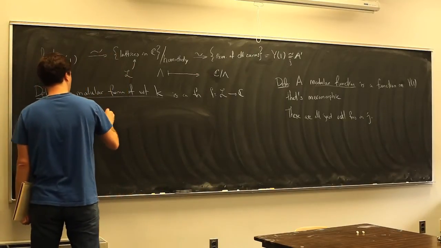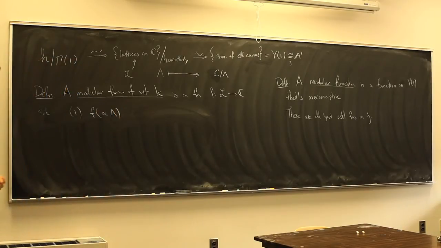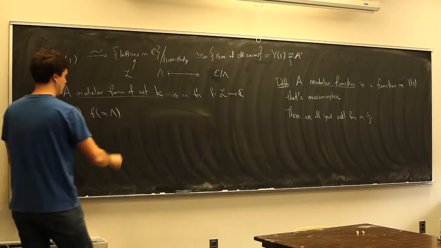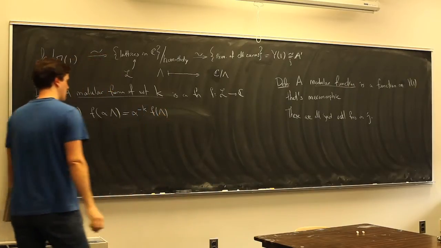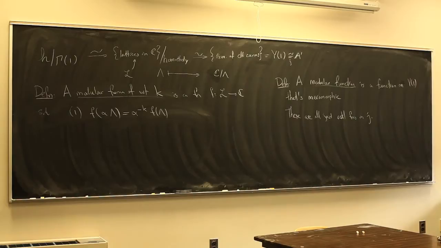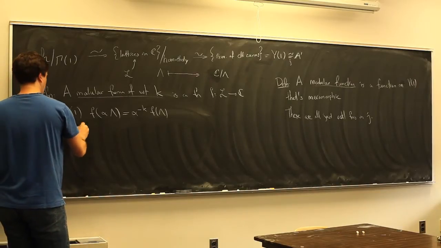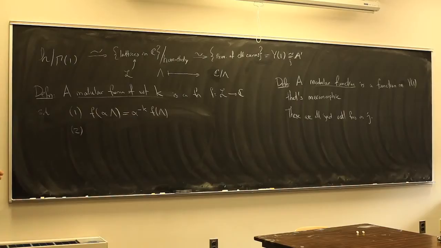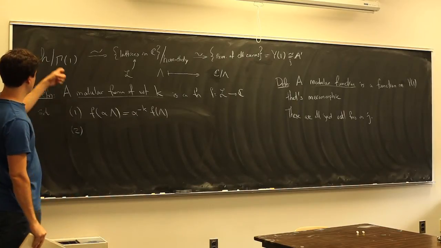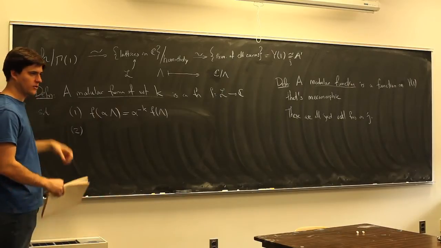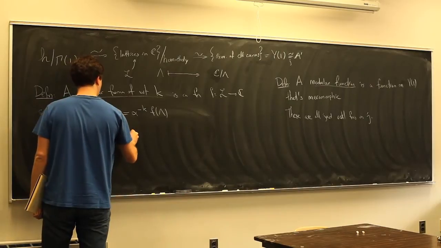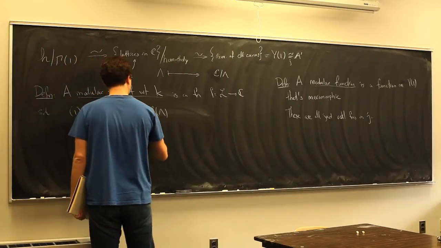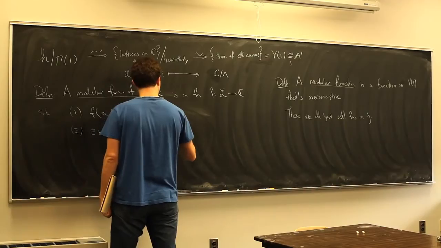So the first is that if you apply a homothety to your lattice, so scale by alpha, this is supposed to pull out with an alpha to the negative k. The second condition is that f should be holomorphic. And by that I just mean that the function on H that you get from f is holomorphic. So the function z maps to f of Lambda sub z is a holomorphic function.